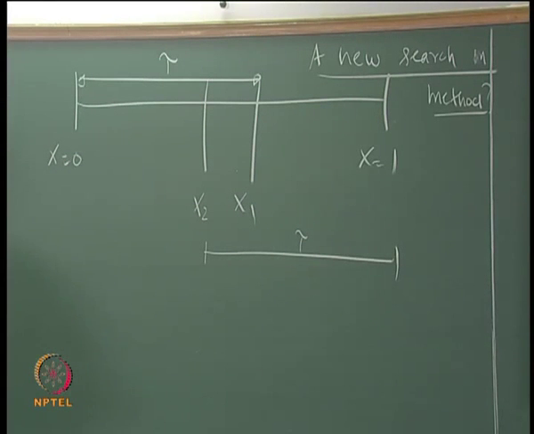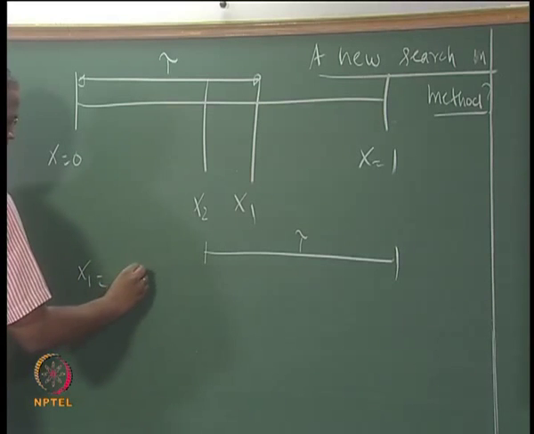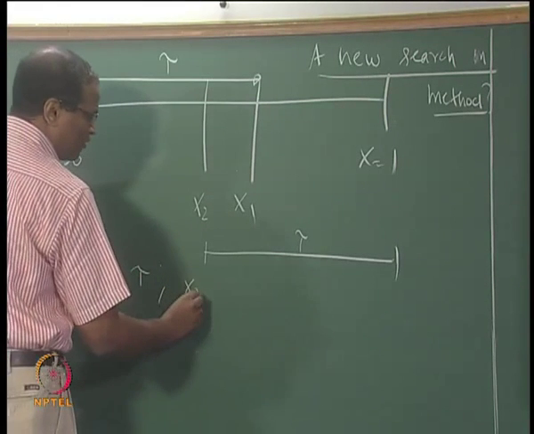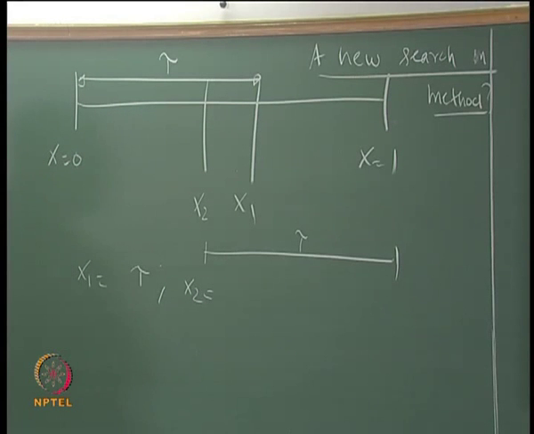So x1 will be tau, x2 is equal to 1 minus tau, that is it.